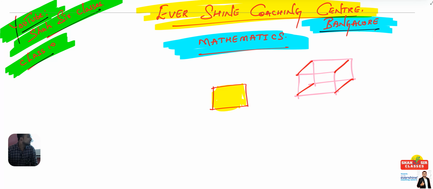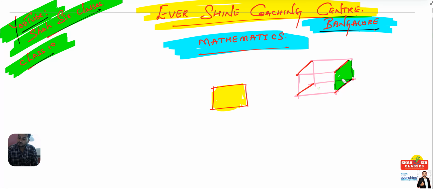now in this case, can we see? Yes or no? Can you see this is our front side? This is our top side. This is our right side. Isn't it? This is the right portion, this is the top portion, and this is the front portion.